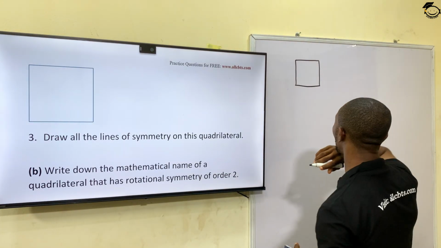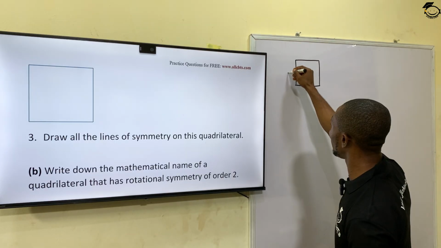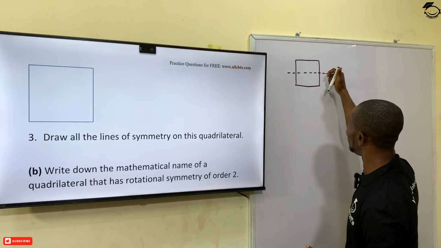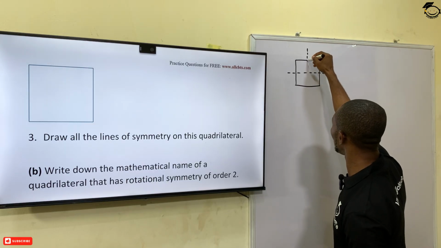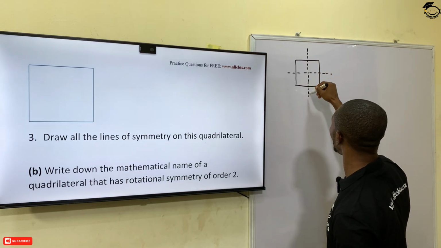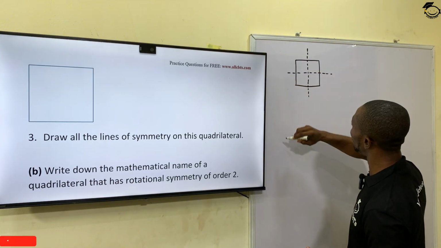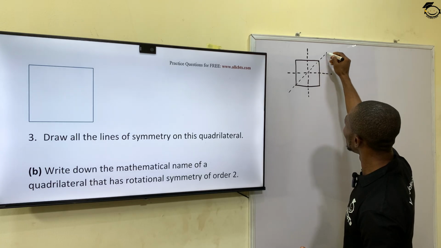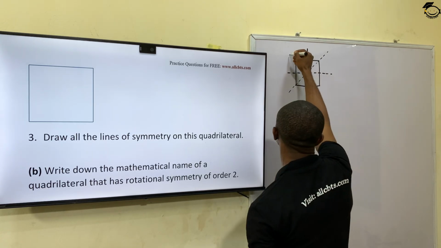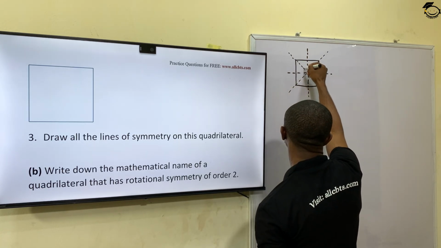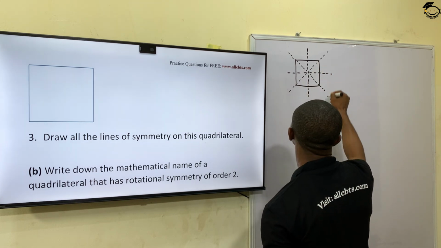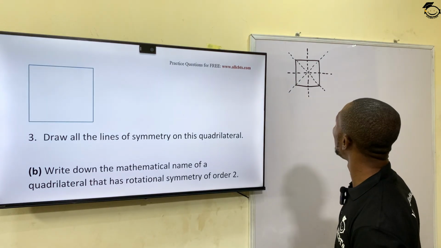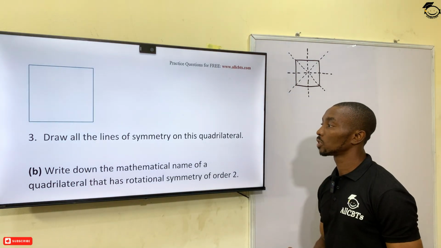So we have our first line, this is a mirror image of this. Then the second line, this is a mirror image of this. And the third line, then the fourth line. So our diagram, which is a square, has 4 lines of symmetry.